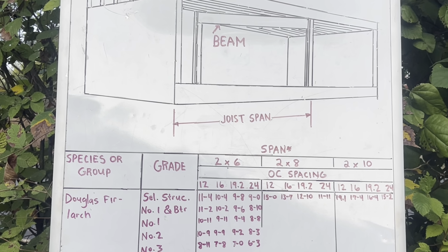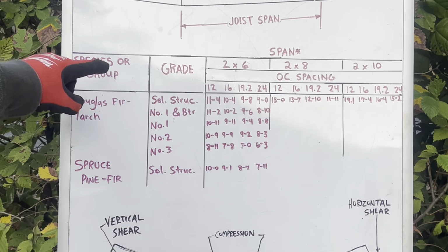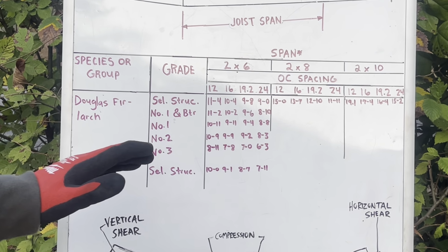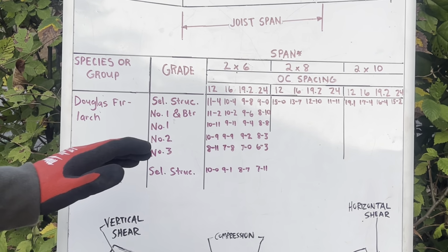Now, if you look right here at my example, this shows the allowable floor joist spans, and they are based on the lumber species and grade and joist size and spacing. Look right here, species or group. I don't have everything filled in. These numbers, you can look them up online, you can Google them.